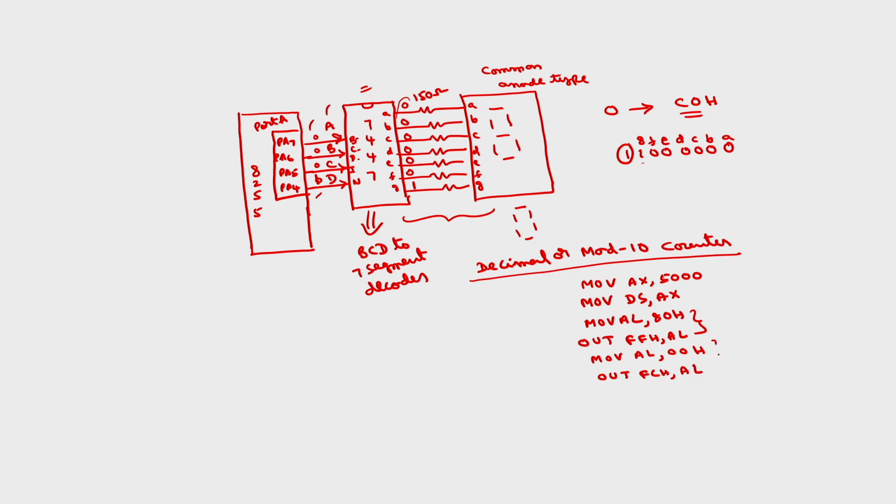With these two instructions, this 00H means 0 0 0 0. These four zeros are connected to PA7 to PA4, which are connected to ABCD. So ABCD is 0 0 0 0, which means 0 will be displayed. So with these two instructions, a 0 will be displayed on the 7 segment display.